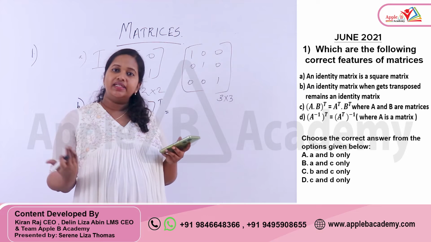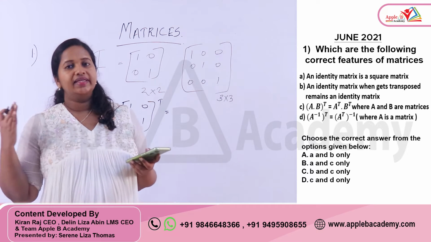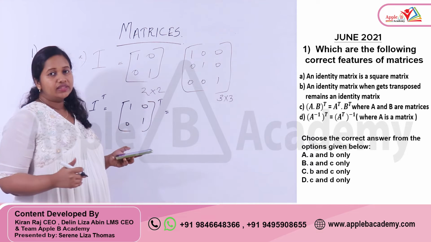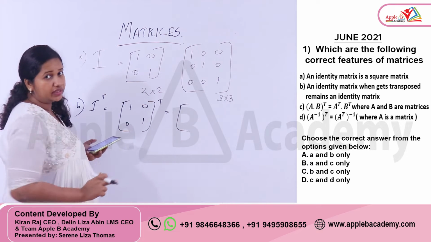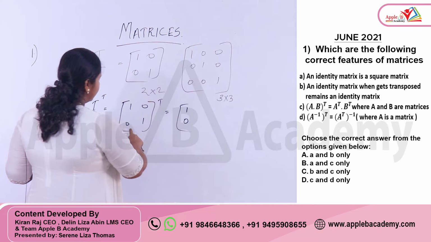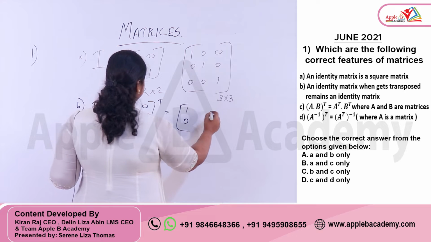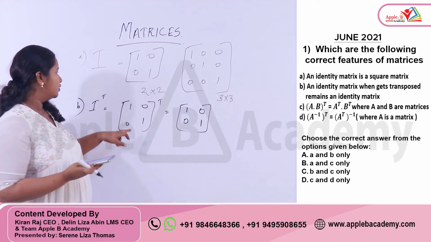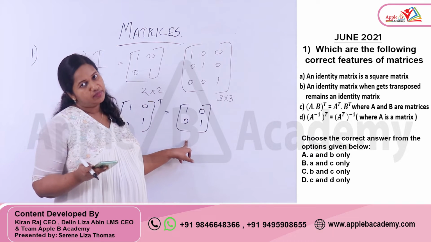Transpose means interchanging the rows and columns. So when you interchange the rows and columns of this matrix, you can see the first row is 1 0. That becomes the first column 1 0. Second row is 0 1. That becomes the second column 0 1. So taking the transpose of the identity matrix, you get again the same identity matrix.